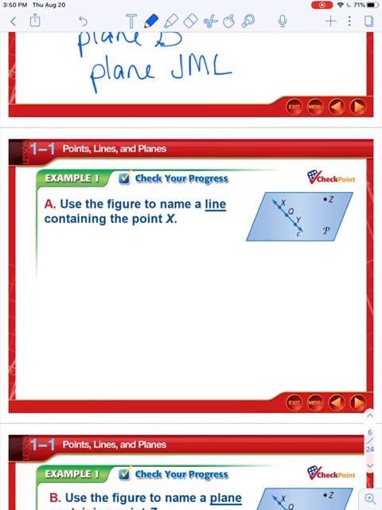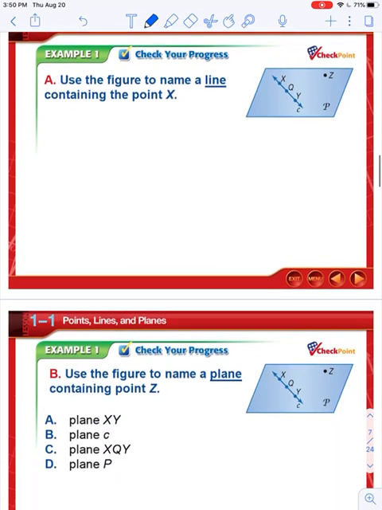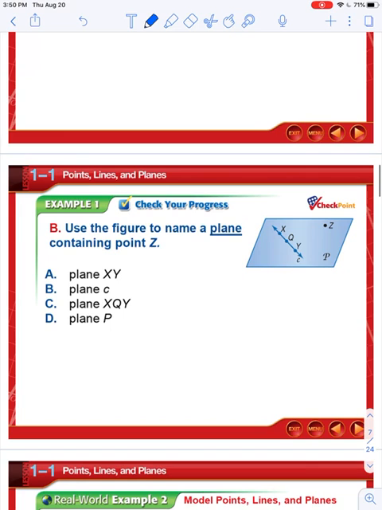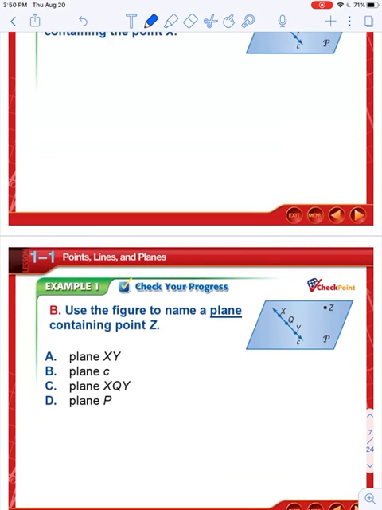So we already did a line example. If you want to pause this and try it on your own, you can. I'm going to keep going to this one. We did do a plane example, but I do want to explain a little further.